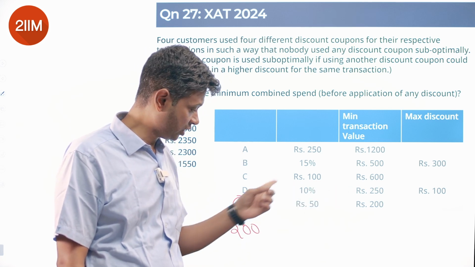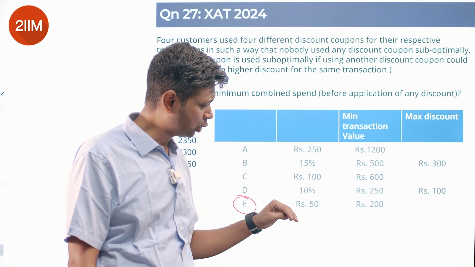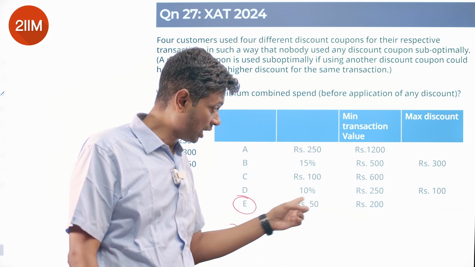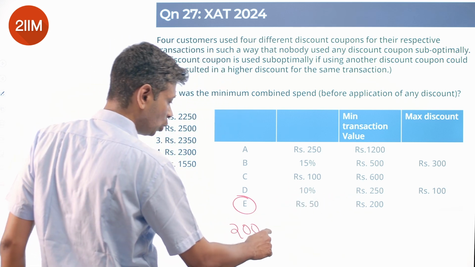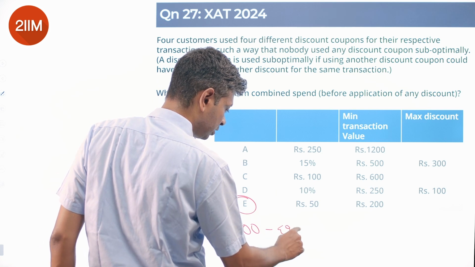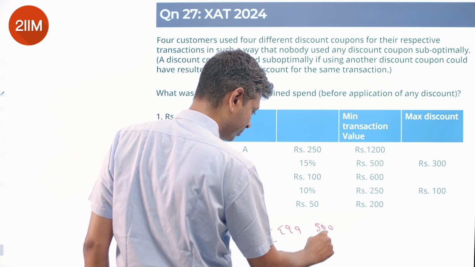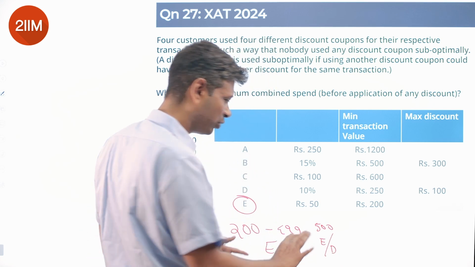Even beyond 250, this is better. The next stop is at 500. So at 500 rupees, you'll get 50 rupees off. But at 500 rupees here also, you get 50 rupees off. So I'm going to say 200 to 499, the best coupon is E. At 500 rupees, E and D get the same 50 rupees off.